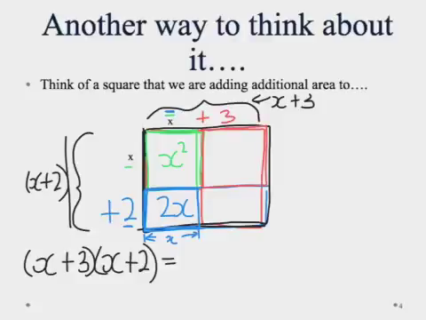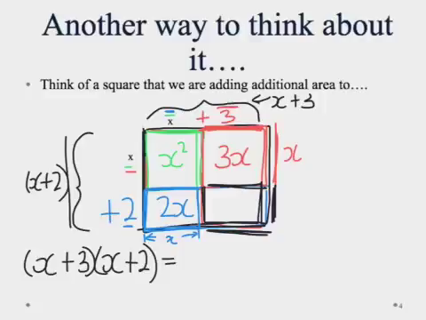This one is 3 times x, because this is x here and this is 3 here. That's 3x. And finally, what about this square down here? This square is height 2, width 3. So that's 6, which is 2 times 3.